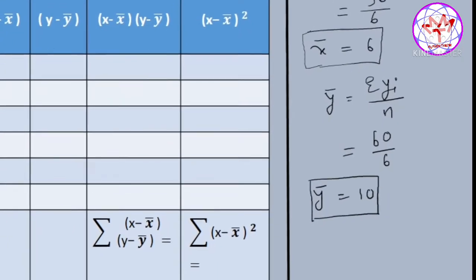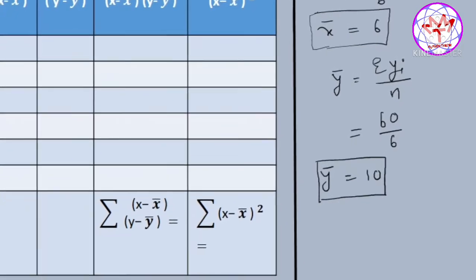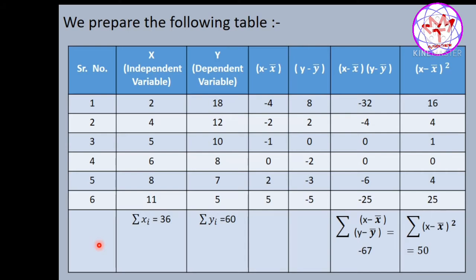Now using these values of x bar and y bar, we will calculate the values for these columns in the table. So students, I have calculated the values for these columns and we get summation x minus x bar into y minus y bar is equal to minus 67, and summation x minus x bar the whole square is equal to 50. Now we will be using these values in calculating our equation.